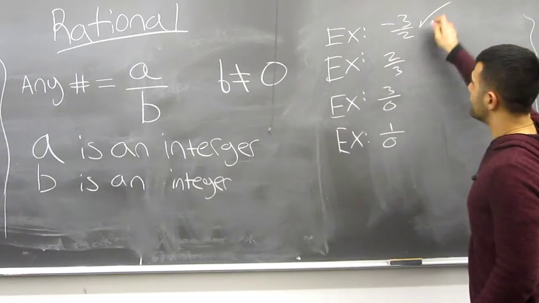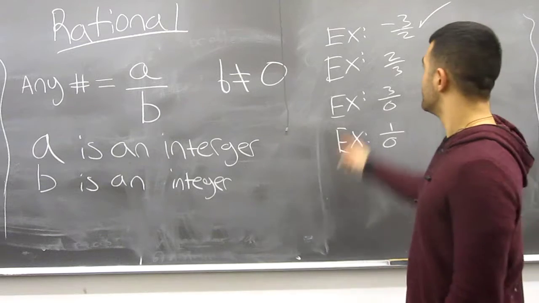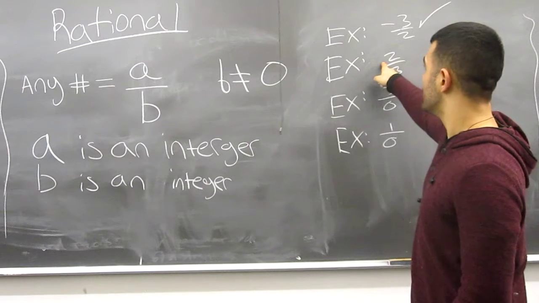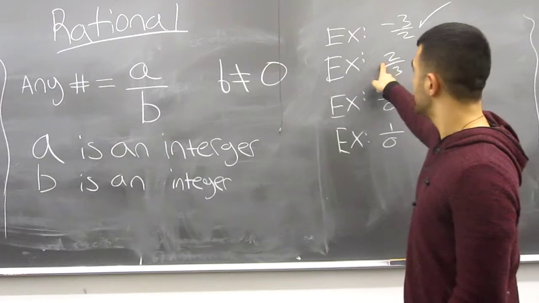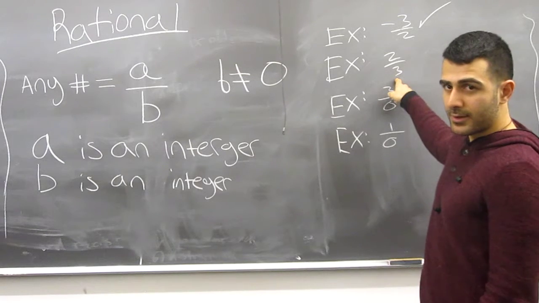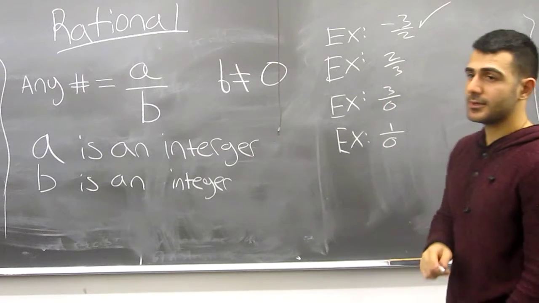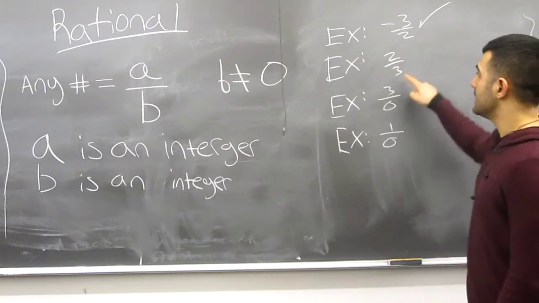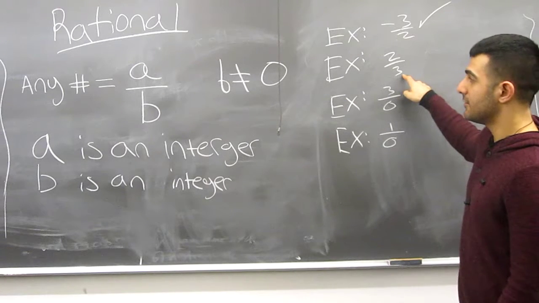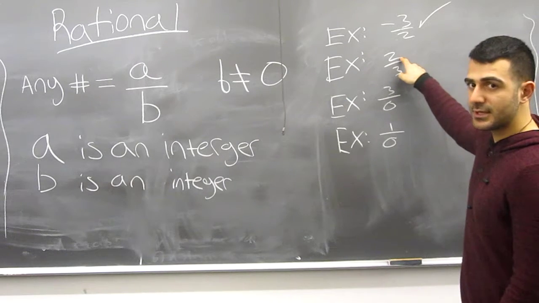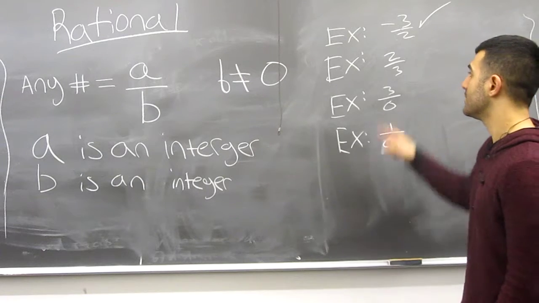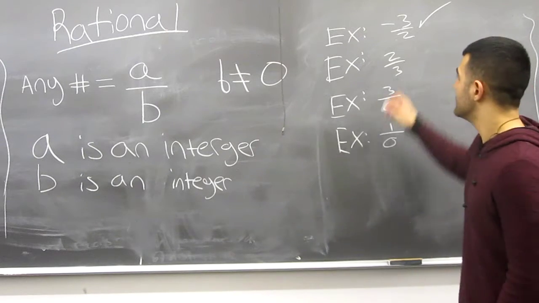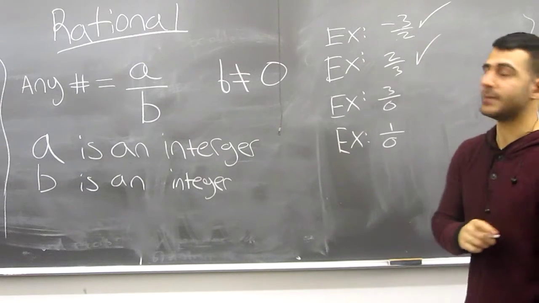So yes. Let's look at the next one. The top number is 2, which is an integer. The bottom number, 3, is an integer, which is fine. Is the bottom number 0? No, it's not. So that, as well, is a rational number.